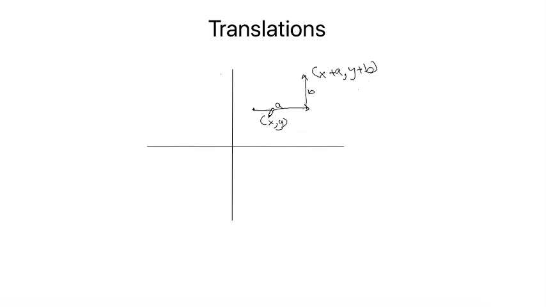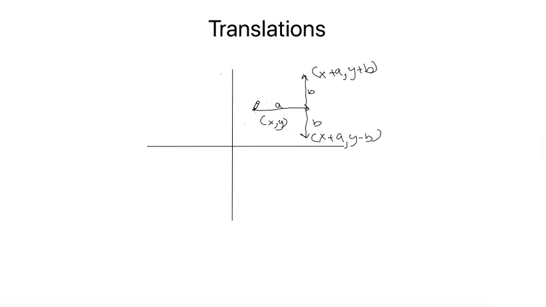And this makes sense because if you move a units to the right, you're moving a positive x units. And if you move b units up, you're moving b positive y units. Same way, if you move b units down, then you end up with x plus a and y minus b because you're moving b units in the negative y direction.